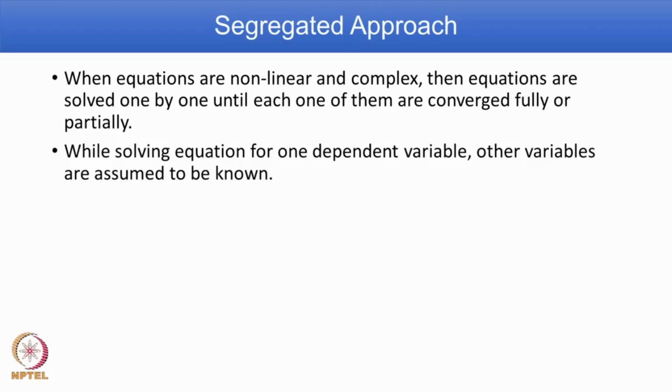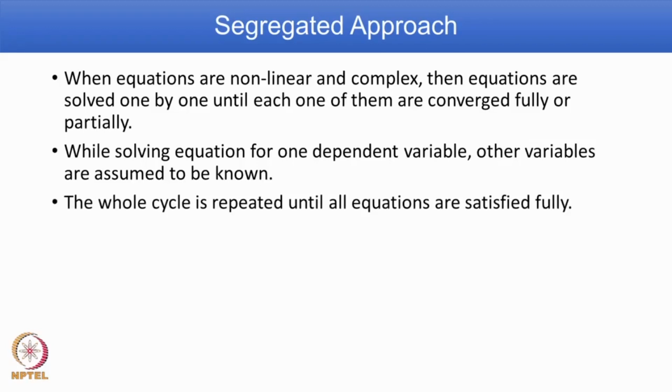While solving the equation for one dependent variable, other variables appearing in that particular equation are assumed to be known, either from previous iteration values or previous time level values. The whole cycle is repeated until all equations are satisfied to the convergence criteria fully.